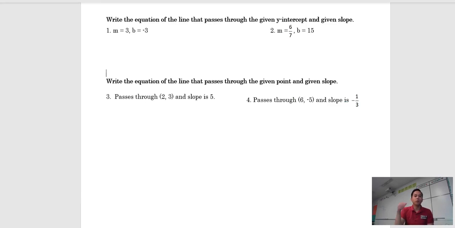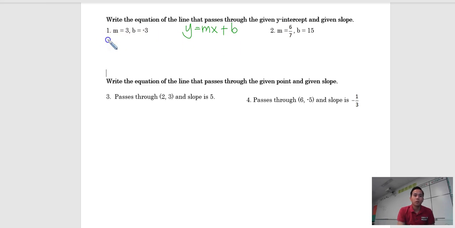Now, what we are going to do is write an equation of the line that passes through the given y-intercept and the given slope. It will be written in y is equal to mx plus b form, or the slope-intercept form. We know that m is your slope and b is the y-intercept, and the value of b is given here.